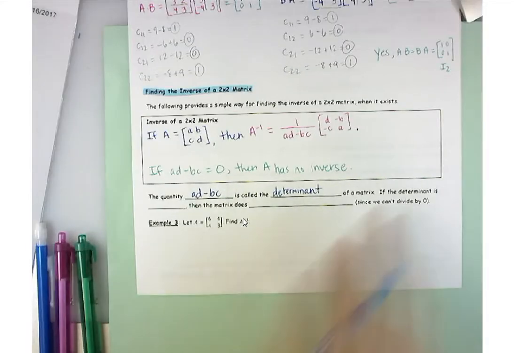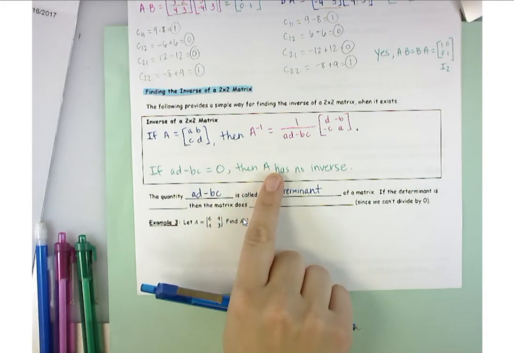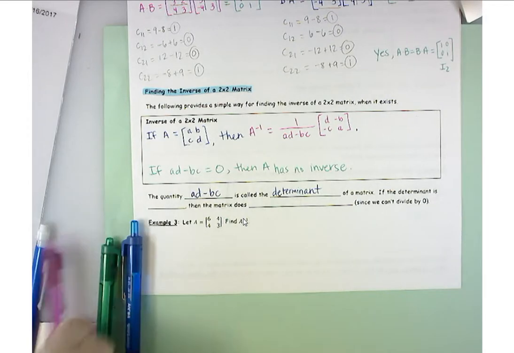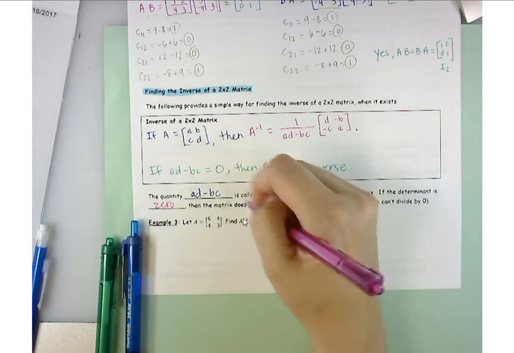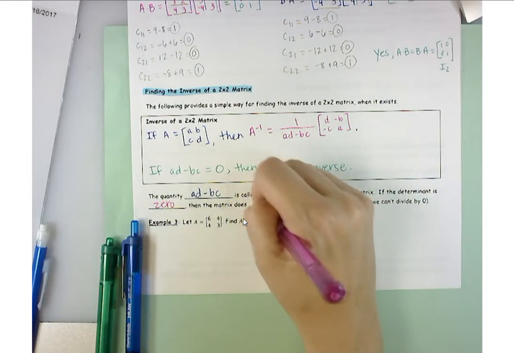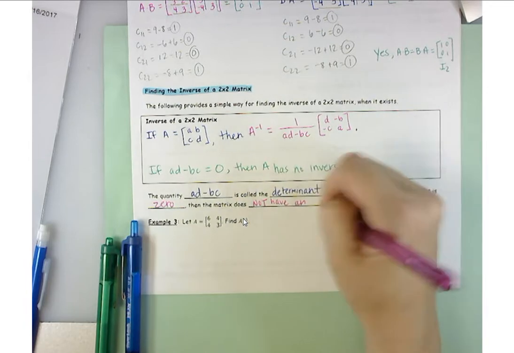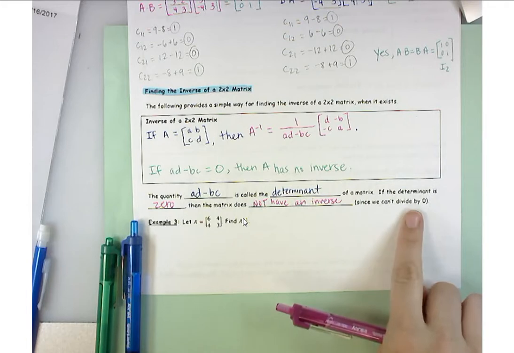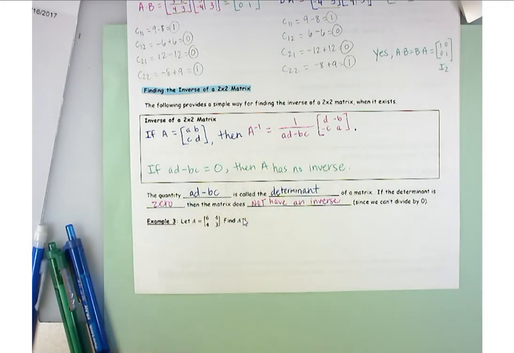One thing we already know is if your determinant is 0, then there is no inverse matrix. So if the determinant is 0, then the matrix does not have an inverse. And that's because we can't divide by 0, which is what we'd have to do with the determinant.